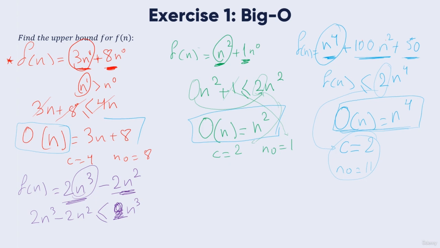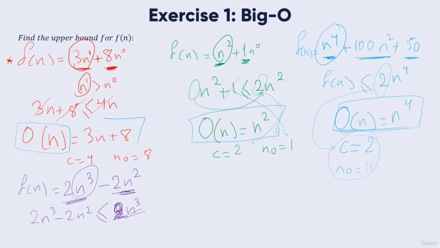Remember, take an example, n equal to 1. 2 times 1 cubed minus 2 times 1 squared is equal to 0. Is it less than or equal to 2? Yes, because 0 is less than 2. I substituted 1 inside this. We don't care about this function.